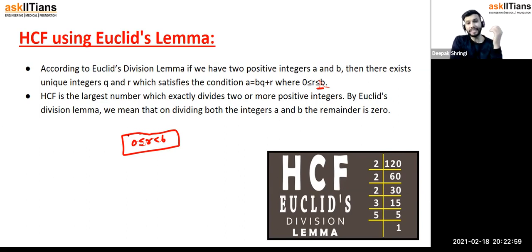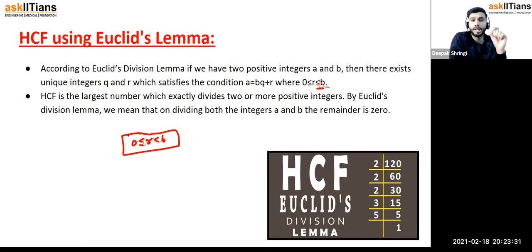HCF is the largest number which exactly divides two or more positive numbers. Yes, absolutely, we know about that, right? HCF is the highest common factor. When I'm talking about the highest common factor, you have two numbers, and you have to find the highest number which divides both the numbers, right? For example, you have two numbers, 21 and 36.